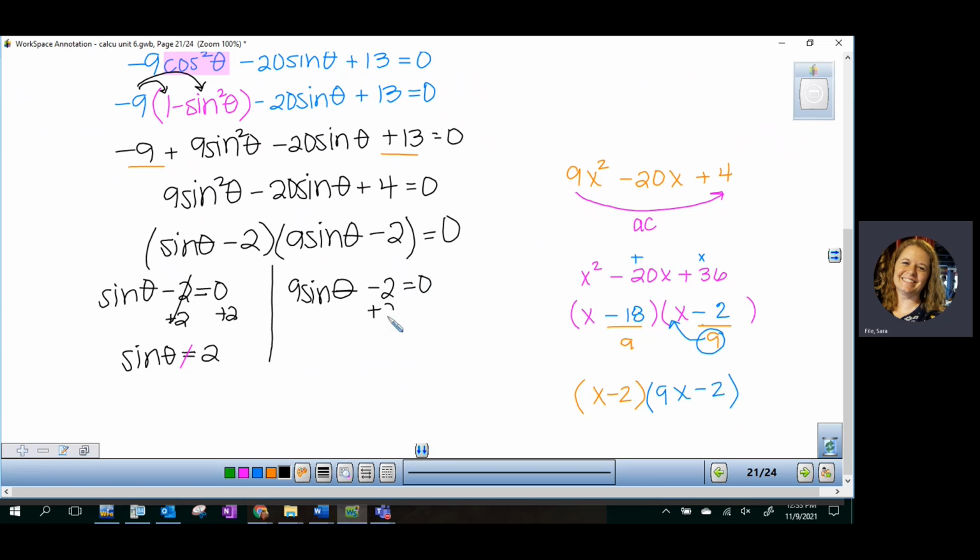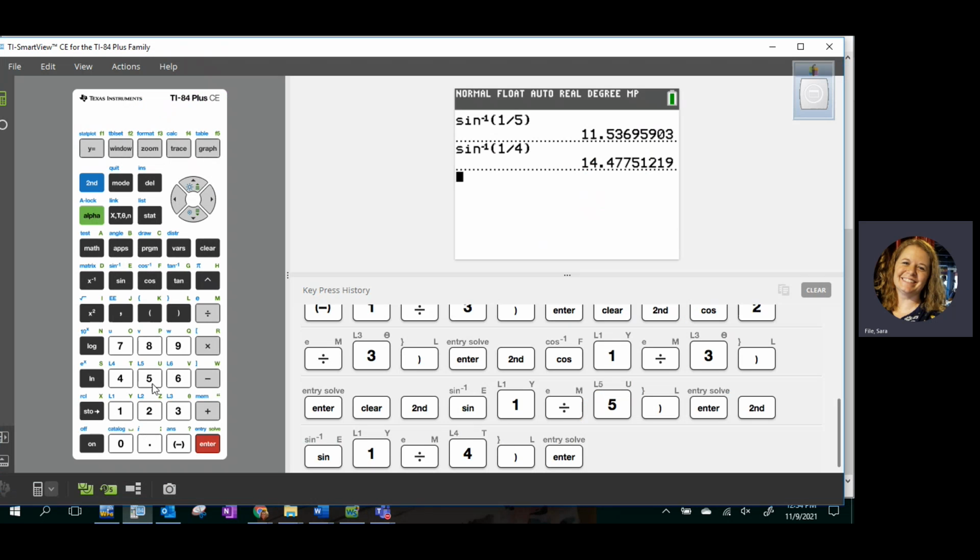I would have to add the 2 over and then divide out the 9. So 2/9 is in the range. So it does exist, but it's not on the unit circle. So I would use the calculator and I would say inverse sine of 2/9.